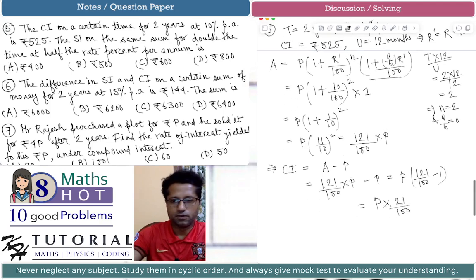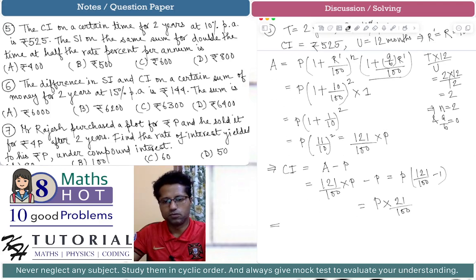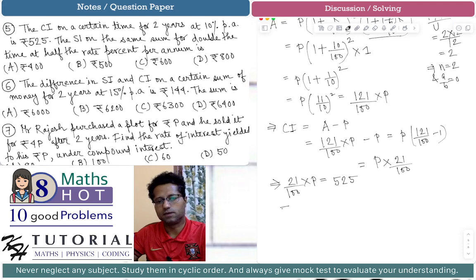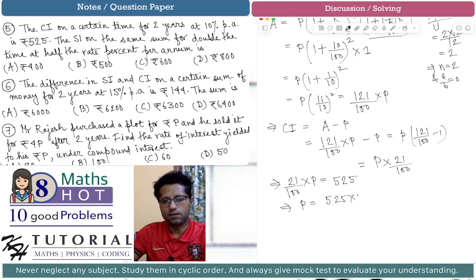This is the compound interest, and it is given to be rupees 525. So we have 21 by 100 multiplied by P equal to 525. This implies P is equal to 525 multiplied by 100 divided by 21.